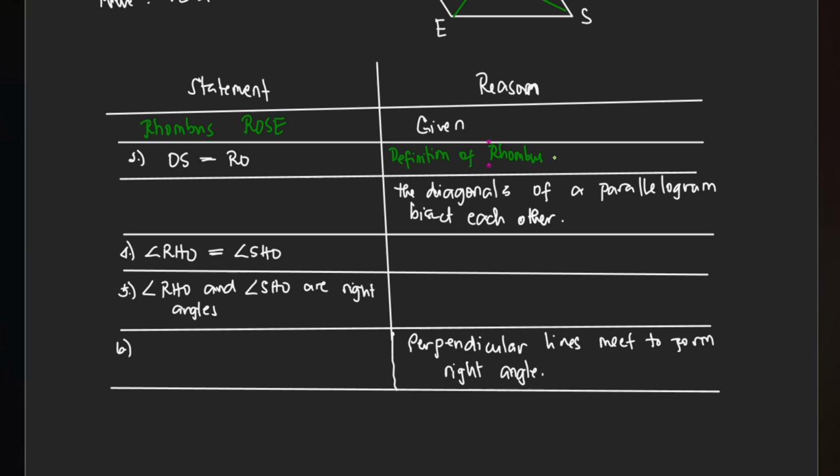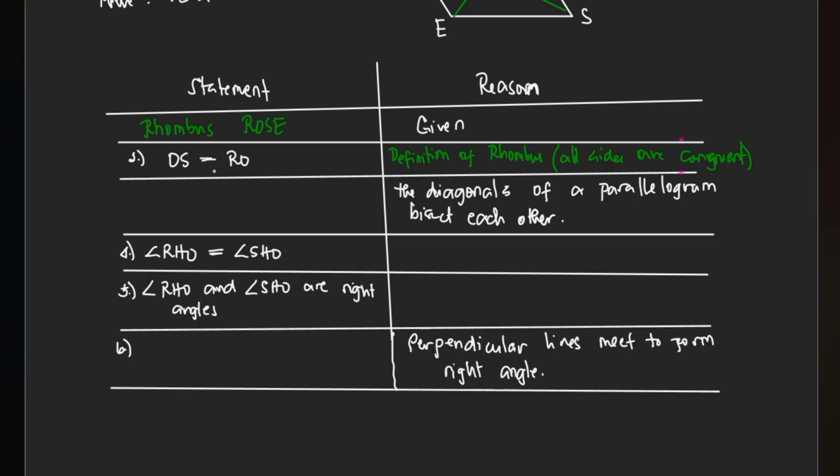So ibig sabihin, all sides are congruent. Pag sinabi natin all sides are congruent, ibig sabihin, kung ano yung measure ng OS, that is the same measure ng RO. Or ano yung measure ng RE, dun din yung measure ng OS. So, they are both equal.